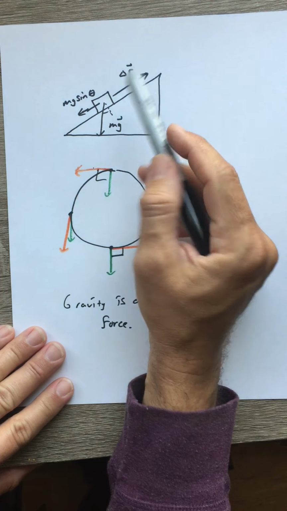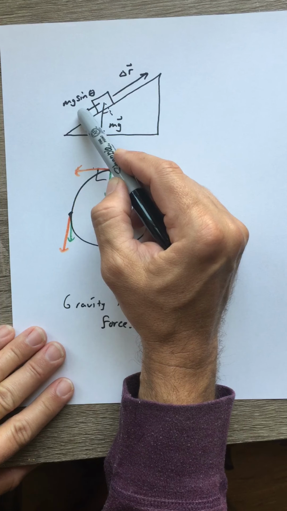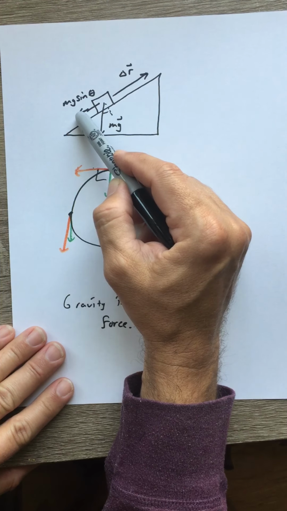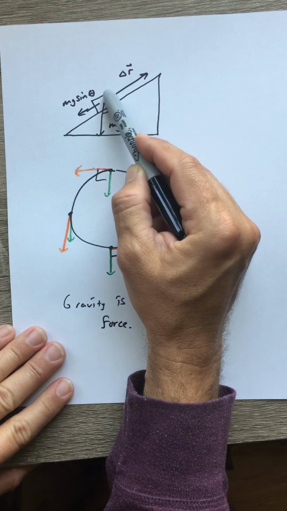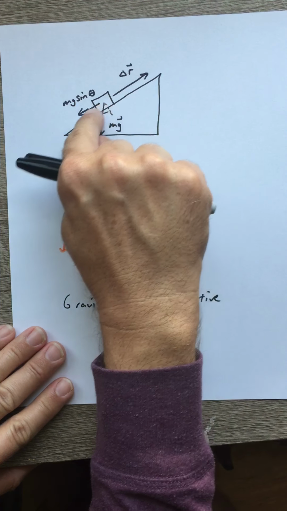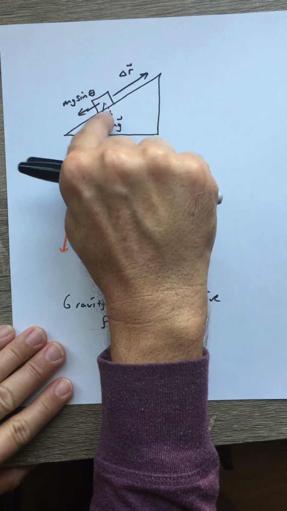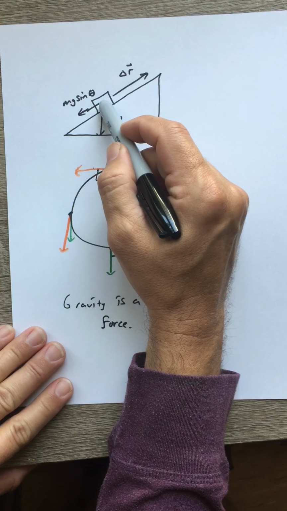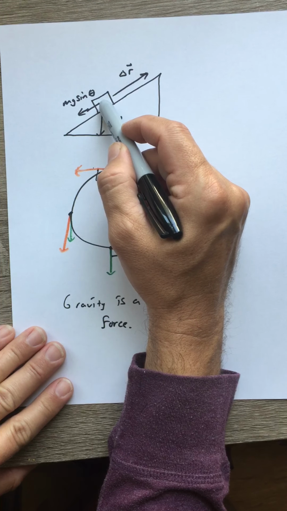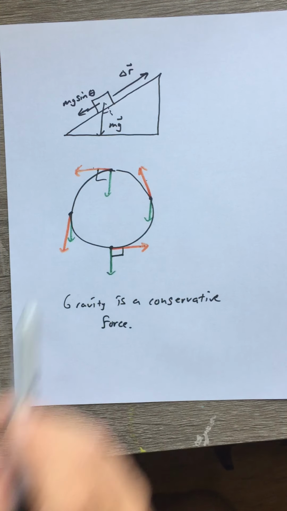So to put it mathematically, if gravity's always down the ramp, and I push it up, I get negative work. If I then let this thing come back down the ramp, the displacement is down the ramp, and gravity is down the ramp, I get positive work. So I get negative work going up, positive work coming down. Guess what they add together to give me? 0.